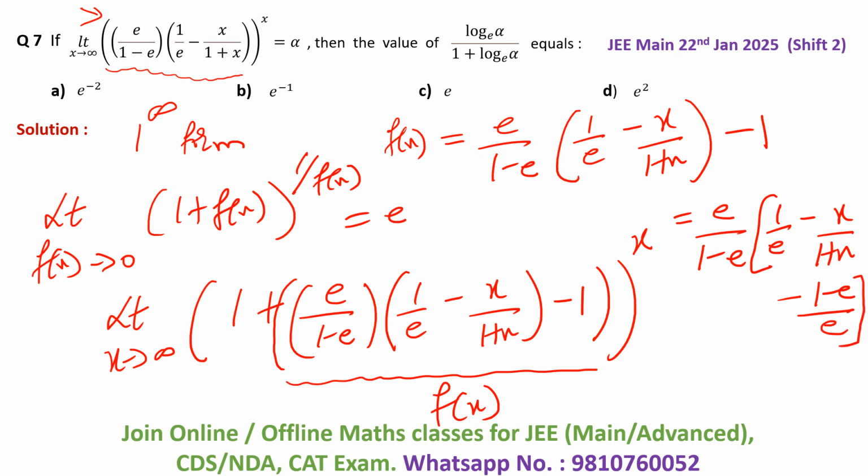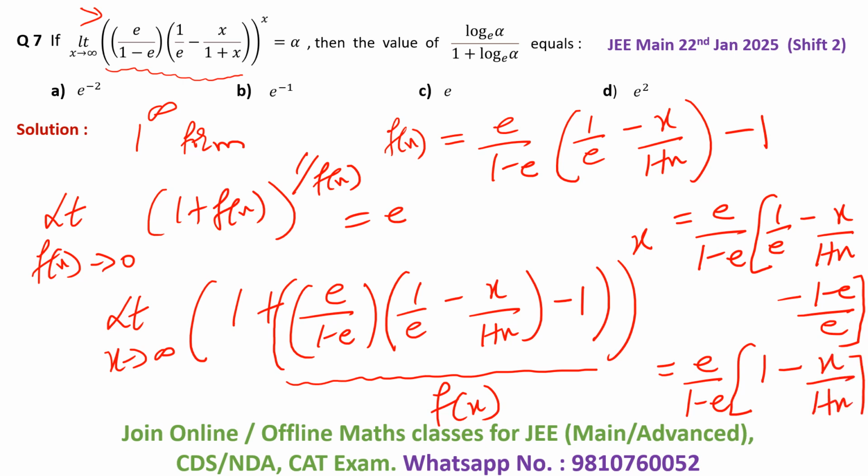Now students, we solve it further. It becomes e upon 1 minus e, and now inside the bracket, I will be getting 1 by e minus 1 by e plus 1, which comes to just 1, minus x upon 1 plus x.